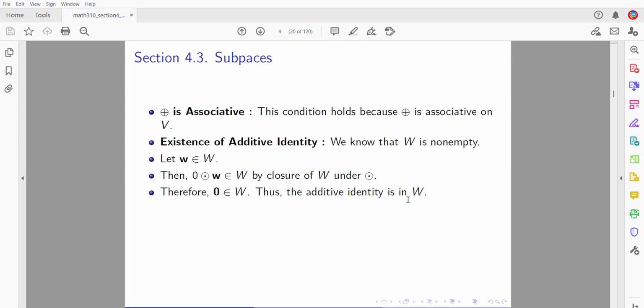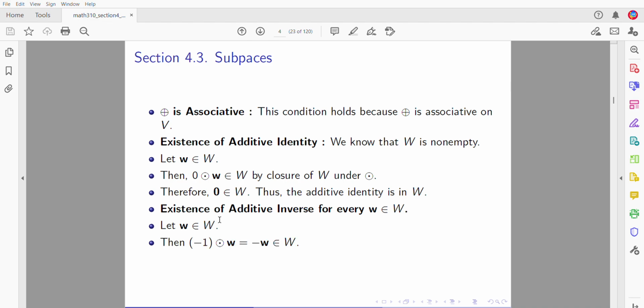Okay. What about existence of additive inverse for every vector w in W? Let w be any vector. You know that negative w lives in the bigger set V. You know it lives there. How can we guarantee it lives in the smaller set? Well, -1 ⊙ w has to be in W. Why?